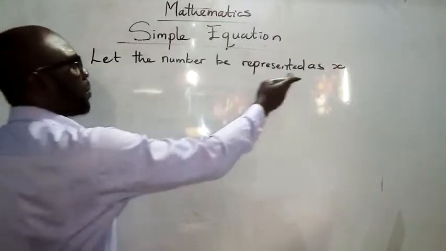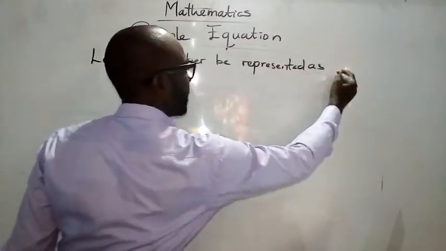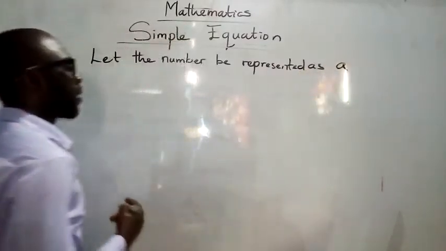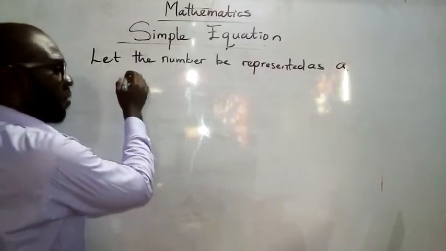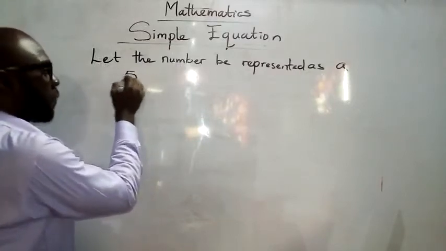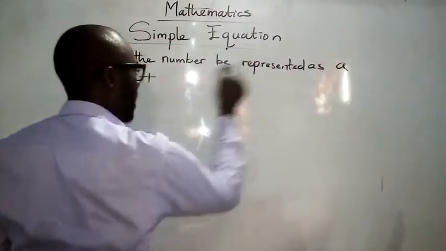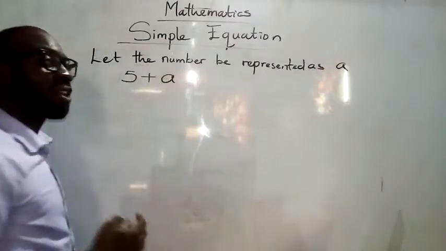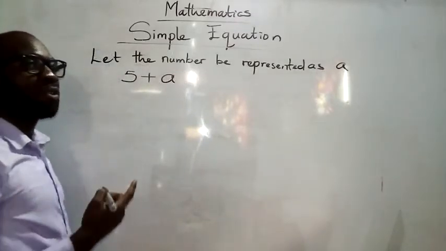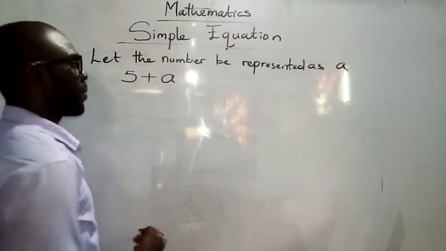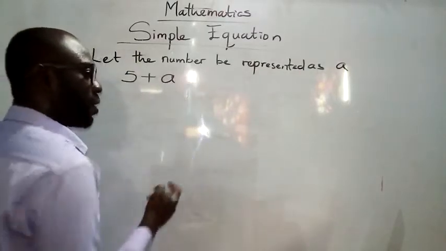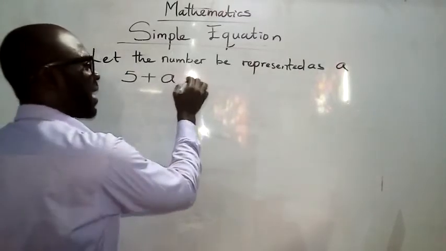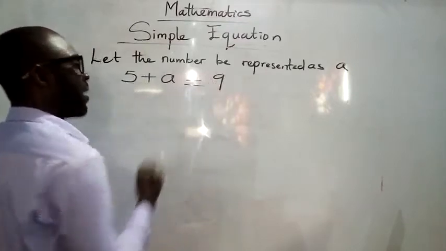So let the number be represented as, let's use another letter, A. 5 is added to a number, 5 plus A, because the number is missing, so we are using a letter to represent it. And the result is 9, equal to 9.